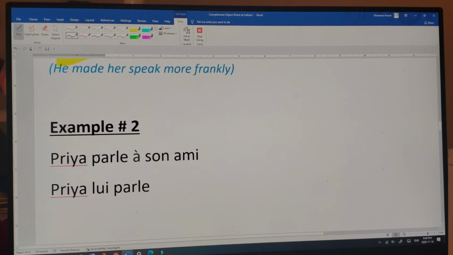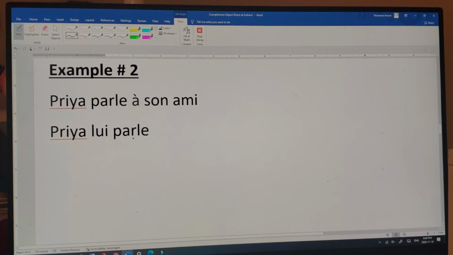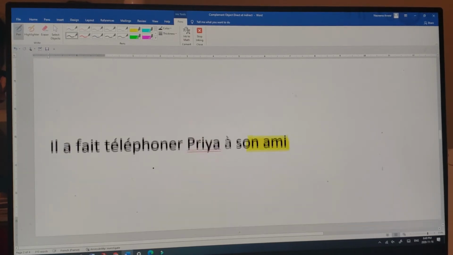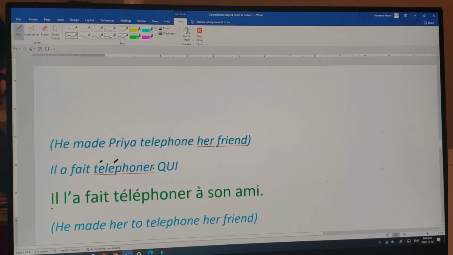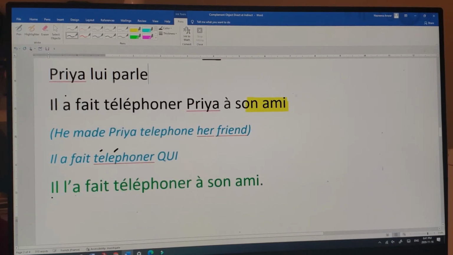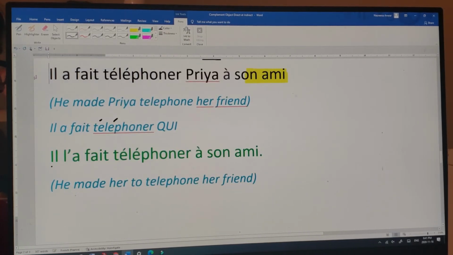Example 2. Priya parle à son ami. For this we say Priya lui parle if you want to get rid of this. But let's take an example of the causative construction: Il a fait téléphoner Priya à son ami.